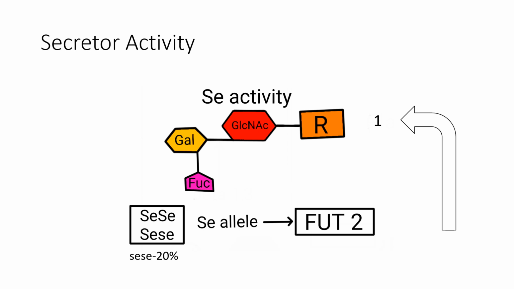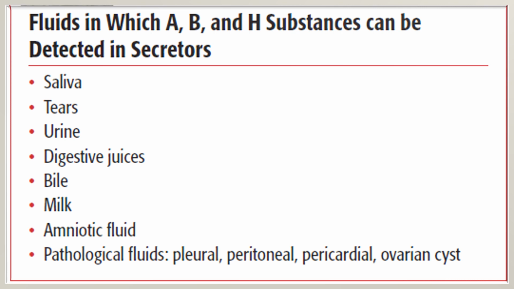Now this is a perfect ground for formation of A and B antigen. So where can this A, B and H substance be detected? It is present in almost all secretions except cerebrospinal fluid. So it is present in saliva, tears, urine, digestive juices, bile, milk, amniotic fluid, and other pleural and peritoneal fluids and everything.